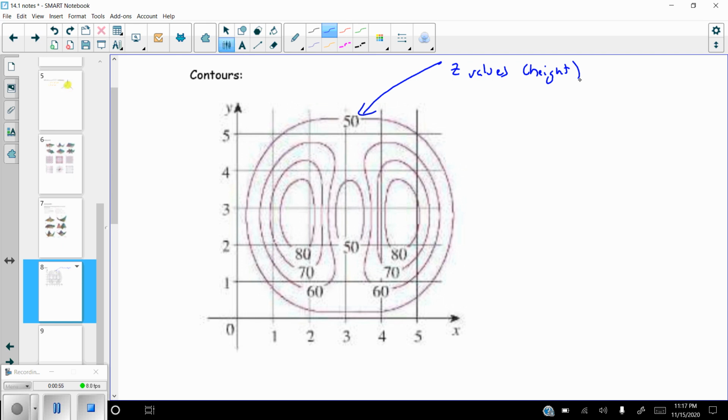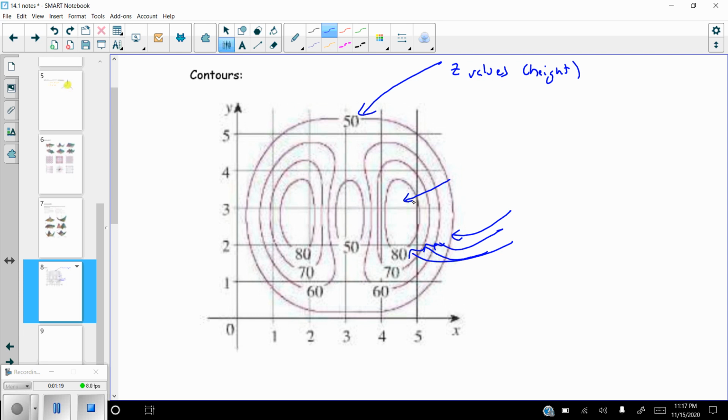So basically that's saying that has a height of 50. Then if you look in here, this piece right here has a height of 80, then 70, then 60, then 50. So if you can kind of get the idea, this thing on the outside is low, and then it starts to increase. So basically it's starting to go up as you go in that direction.